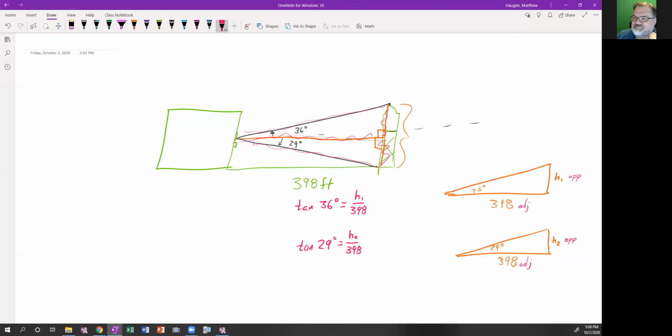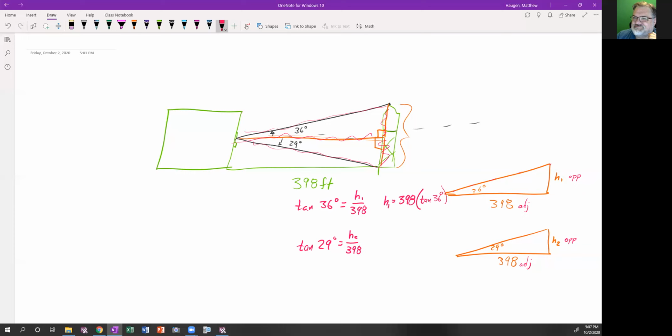And again, remember the trig functions all give us ratios of side lengths, or if you prefer, proportions of side lengths. So when we multiply this over, we're almost going to end up with the idea that that height is some proportion of 398. Well, what proportion? The tangent proportion.